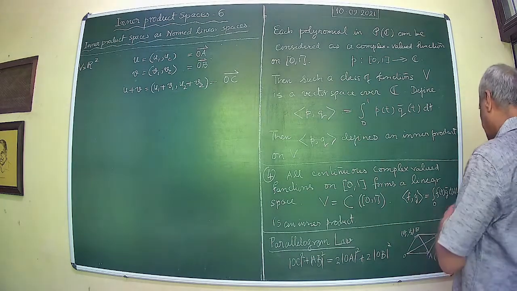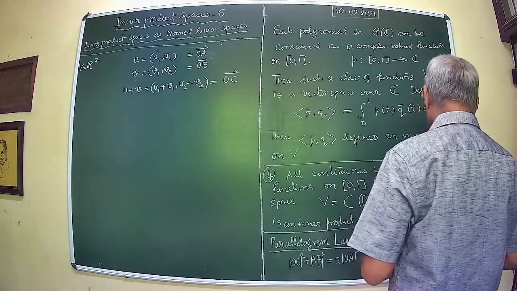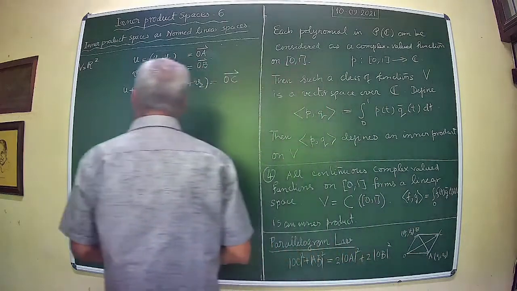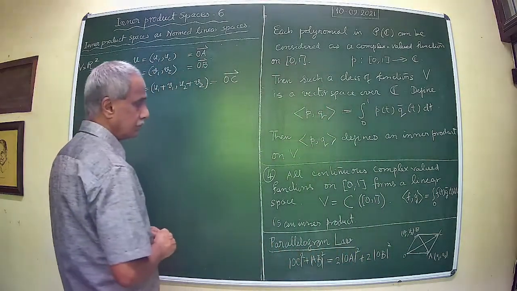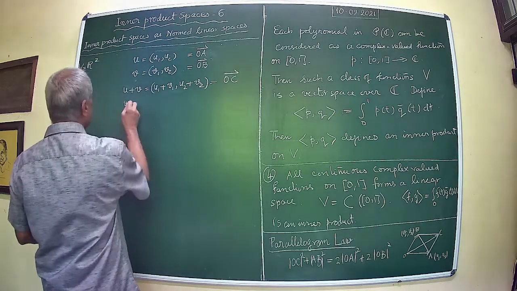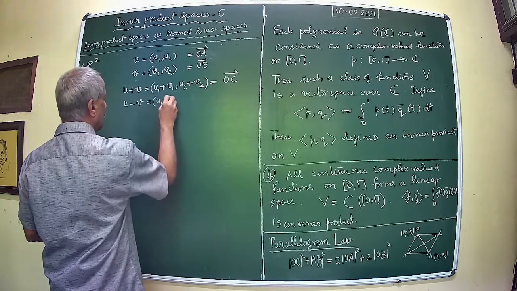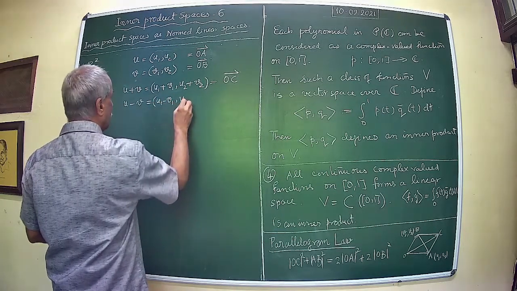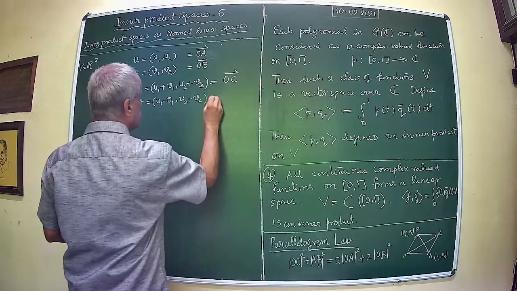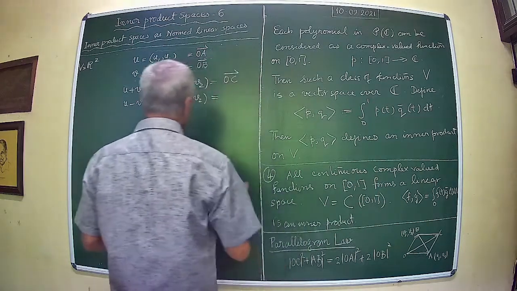Now you also have u minus v, which you write as AB.